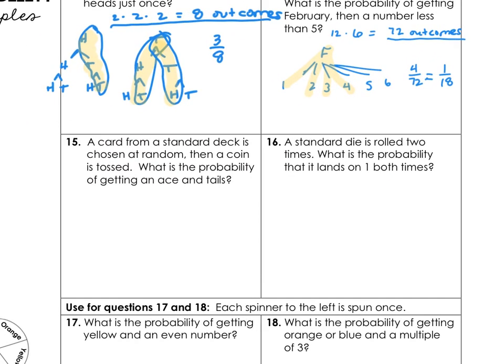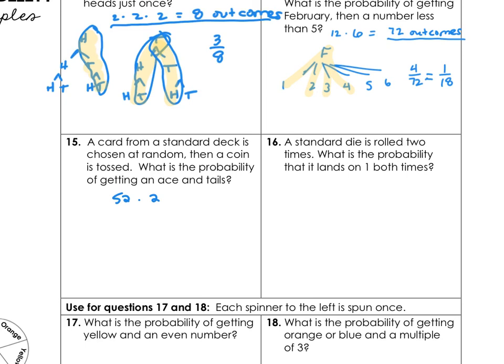A card from a standard deck is chosen at random, then a coin is tossed. What is the probability of getting an ace and then tails? All right, so we know that there are 52 cards times 2, because you're either going to get heads or tails, right?